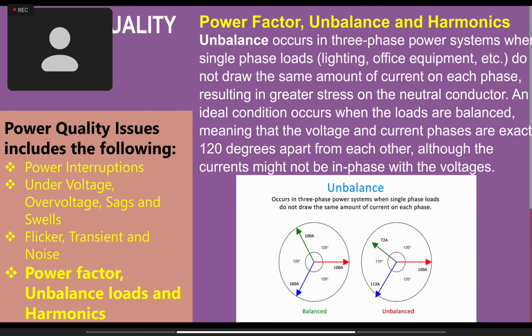Yes, it's an issue because the unbalanced condition of the system will create stresses on the other parts of the system. So, in this illustration, for example, if the single-phase loads are not drawing the same amount of current in each phase, the result is that there will be a neutral current.